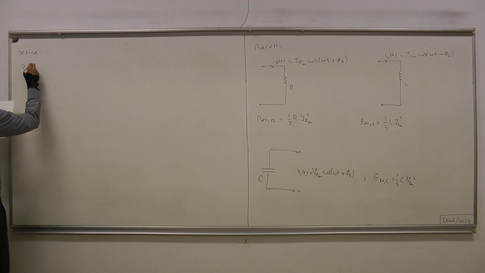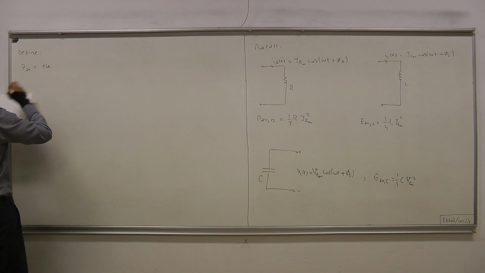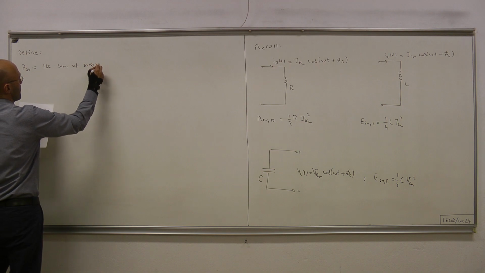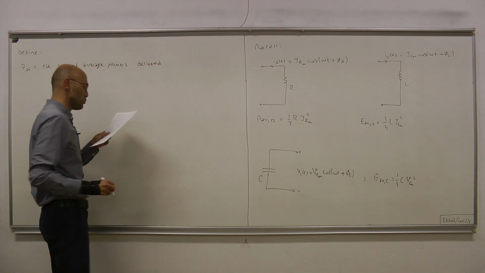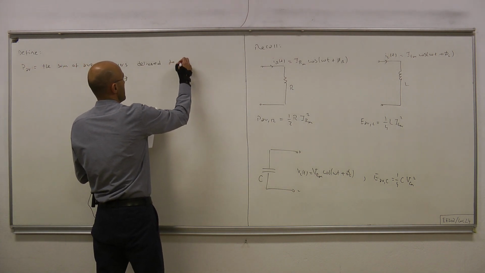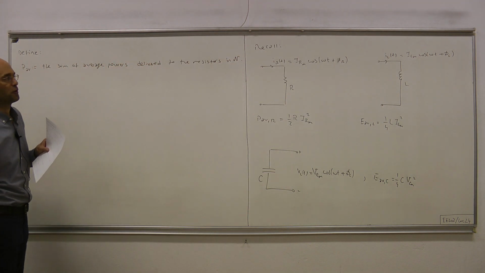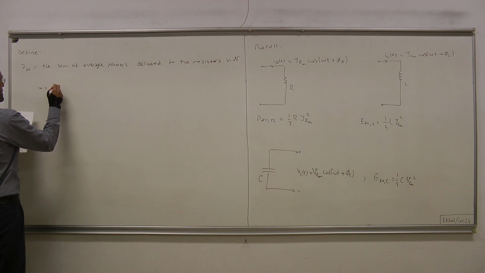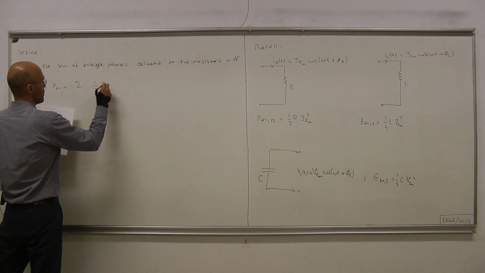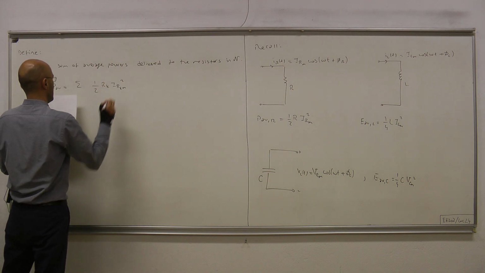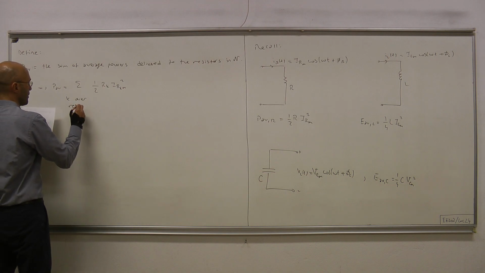P average, associated to the one port that we're now studying, is defined as the sum of average powers consumed by or delivered to the resistors in our one-port circuit, which we denoted by N. In other words, P average equals the summation of 1/2 R_k |I_Rk|^2, where the summation is performed over k over resistors.